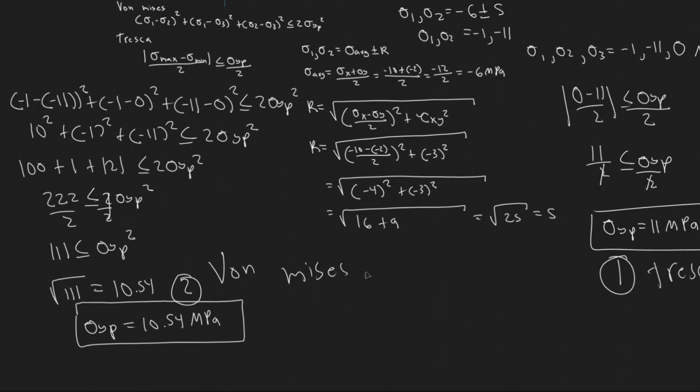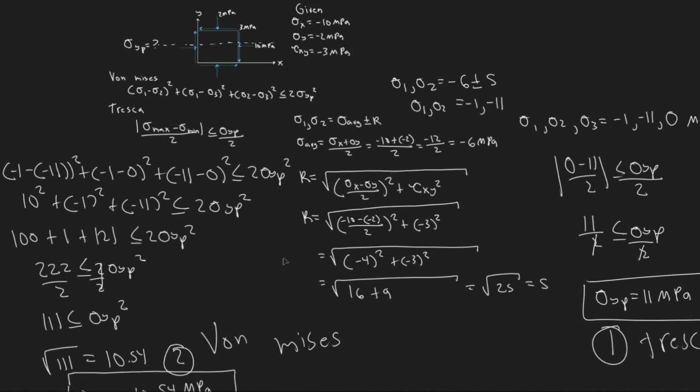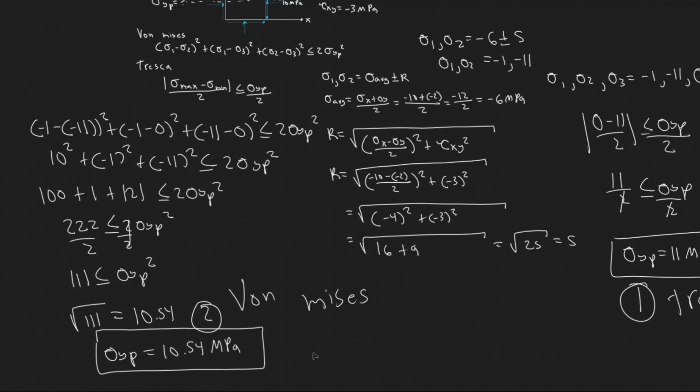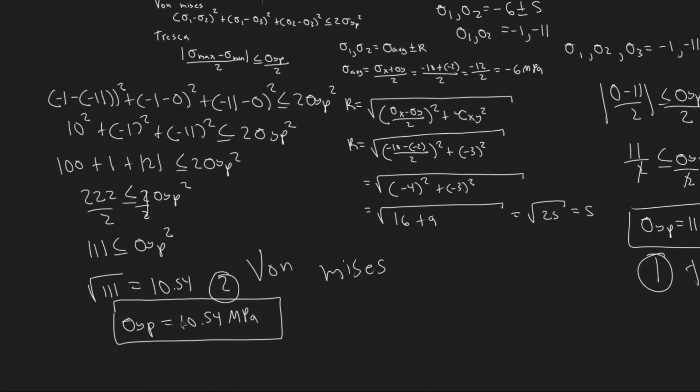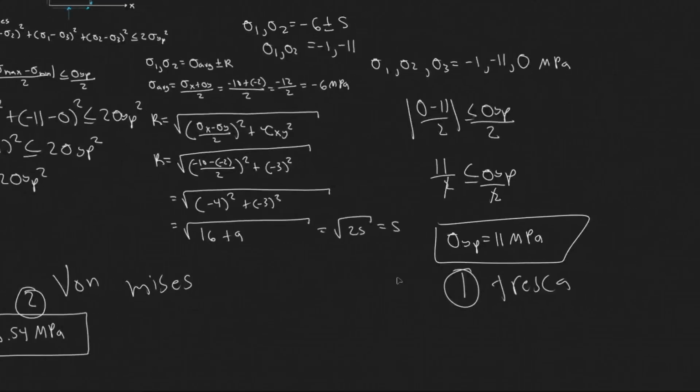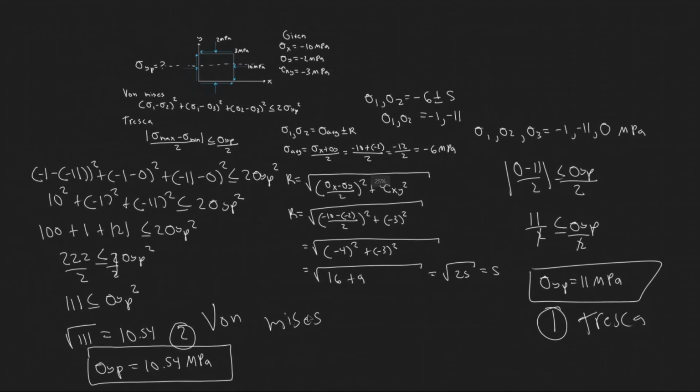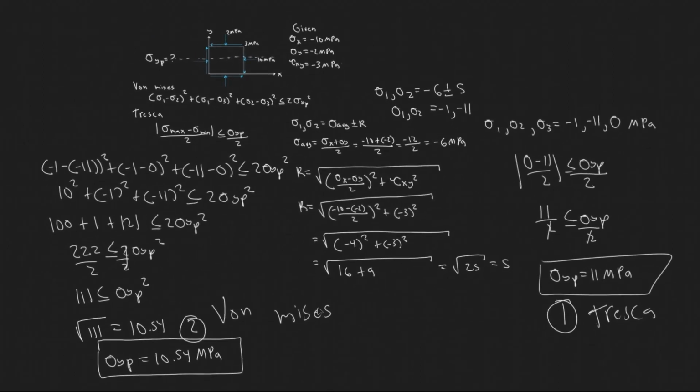But it's really just plugging it into the formula and then being able to solve for your principal stresses. So this is going to be your answer to the von Mises, and this is your answer to the Tresca. Sorry about my handwriting.